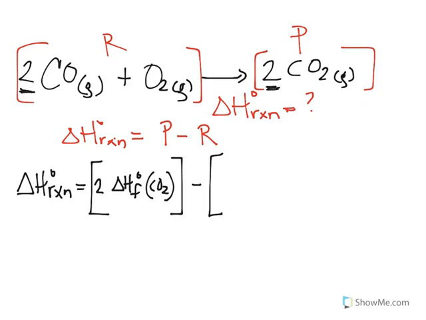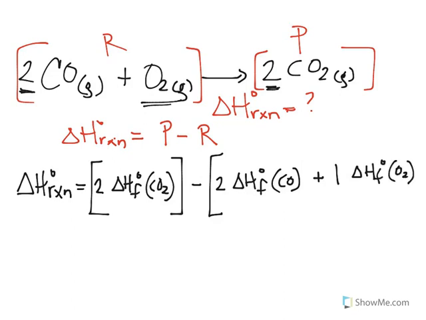We'll start with the first substance. The coefficient is 2 times the standard heat of formation of CO, and then we add up the value for the other reactants that are present. So we're going to put plus, and the coefficient is 1 times the standard heat of formation of oxygen. And because that's all our reactants, we're done.